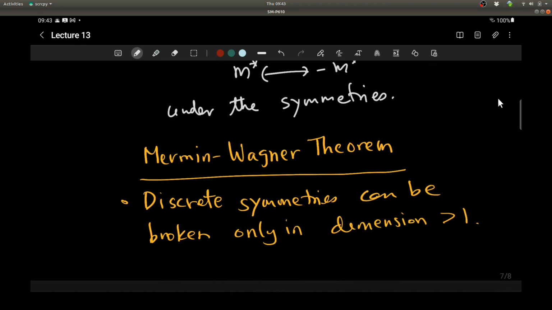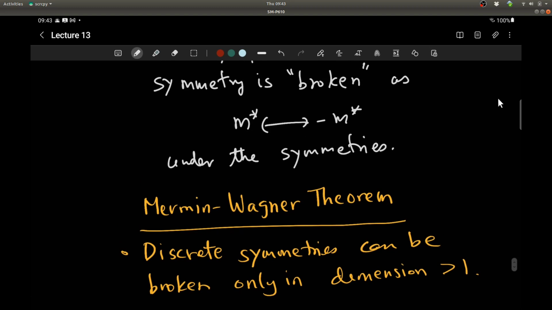Either it takes the solution to itself, or it takes one solution to another solution. So this m star going to minus m star is taking one solution to another solution. But for t greater than tc, m equal to 0 goes to m equal to 0. It does nothing. So that symmetry is not broken.